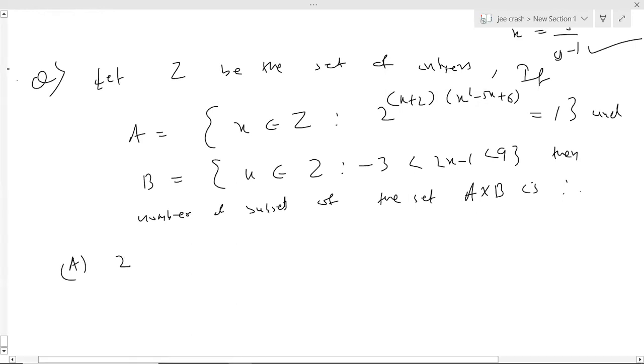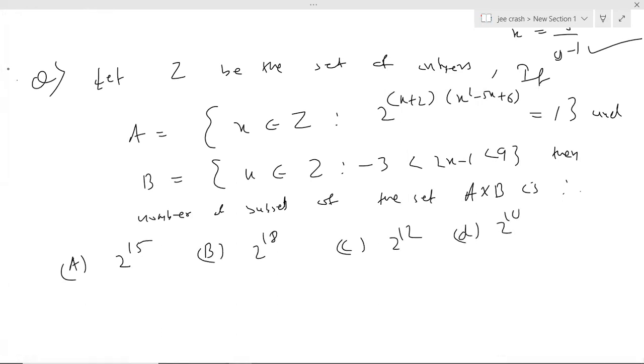Option A is 2 to the power 15, B is 2 to the power 18, C is 2 to the power 12, and D is 2 to the power 10. 2 minutes for this also, very easy question.